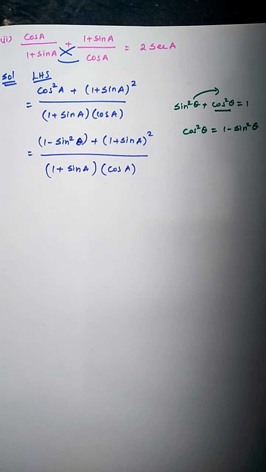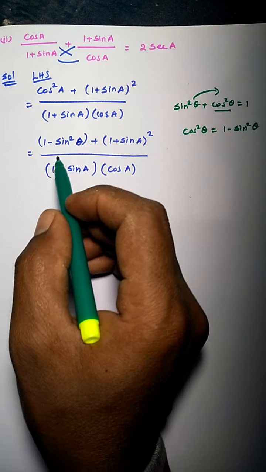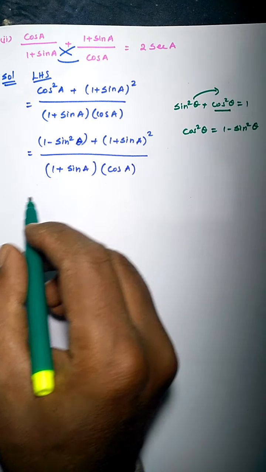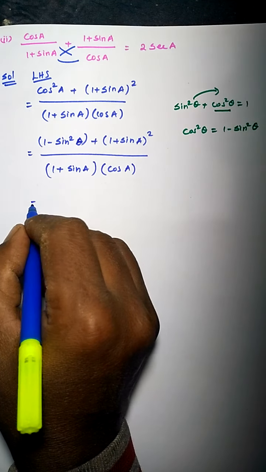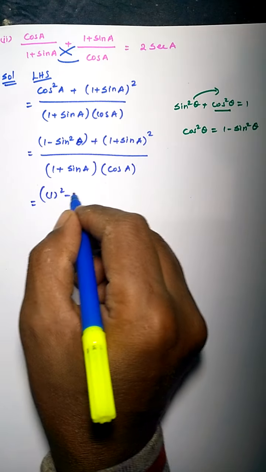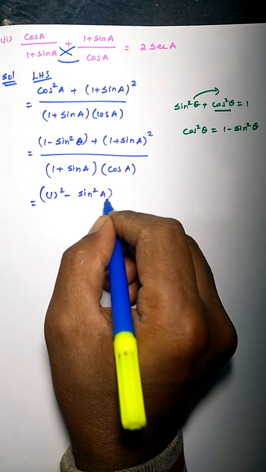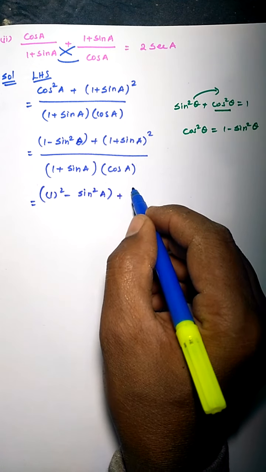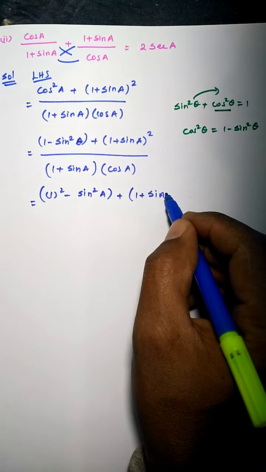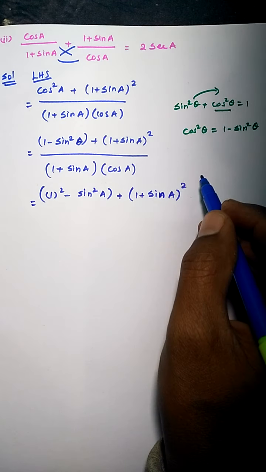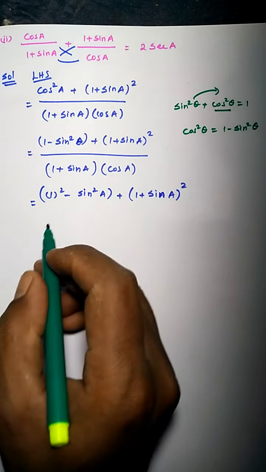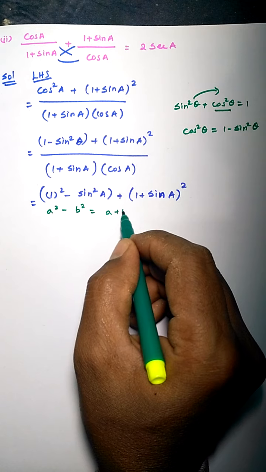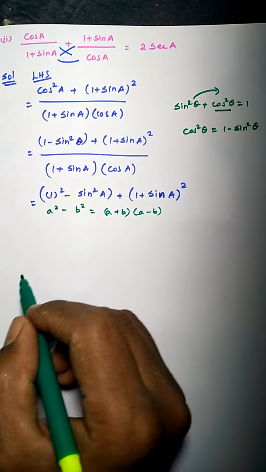In the next step, 1 can be written as 1 square. Then you will get 1 square minus sin square a, because the value of 1 square is 1 only; for the proof we are taking it like this, plus (1 plus sin a) whole square. Now here we can use the a square minus b square identity. We know the formula, (a plus b) into (a minus b).